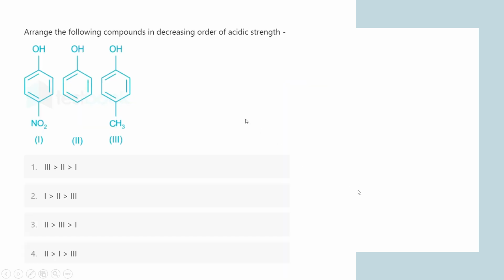Now we are moving to the next question. Arrange the following compounds in decreasing order of acidic strength.